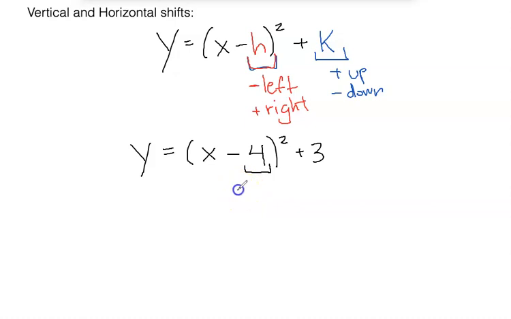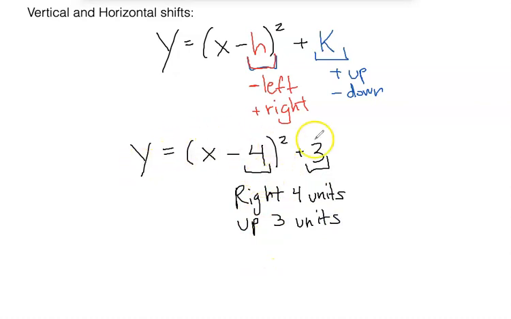Because it's positive 4, we would be going right 4 units. And then this value here tells us that we are also going up 3 units.